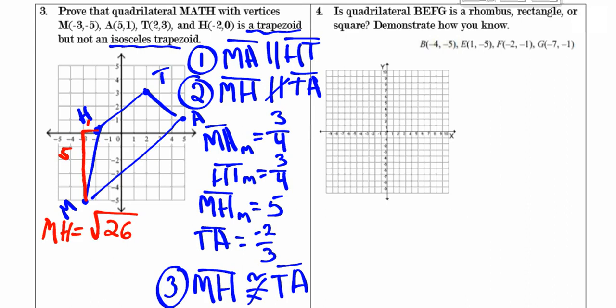I'm going to do the same thing for TA, down 1, 2 over 3. That's a right triangle with lengths of 2 and 3. So TA has a length of the square root of 13. So they are not congruent, so I've justified that third statement also. So it's a trapezoid, but it's not isosceles.